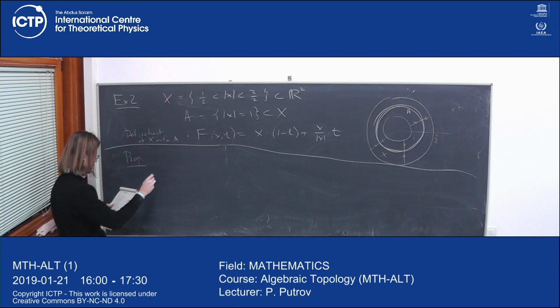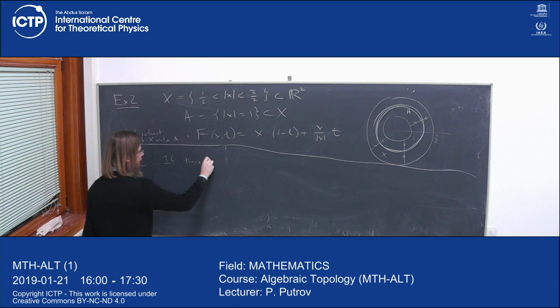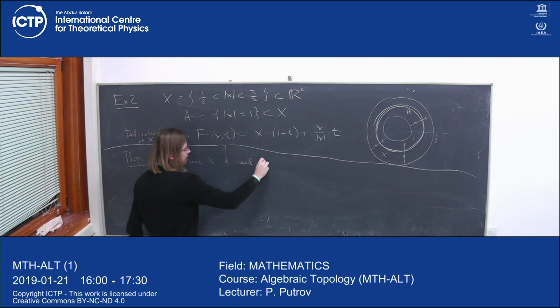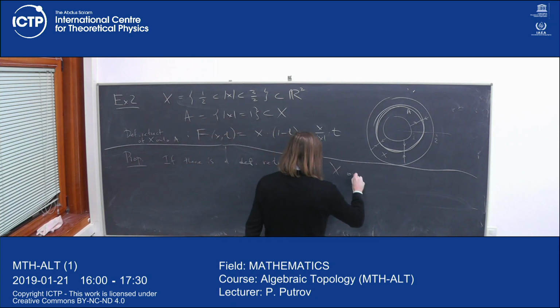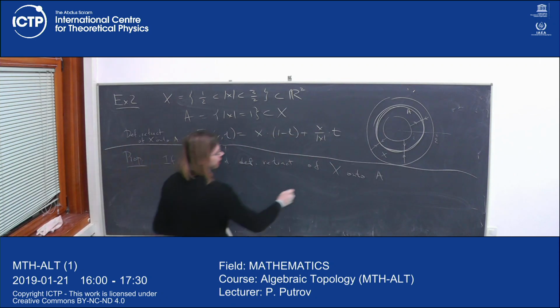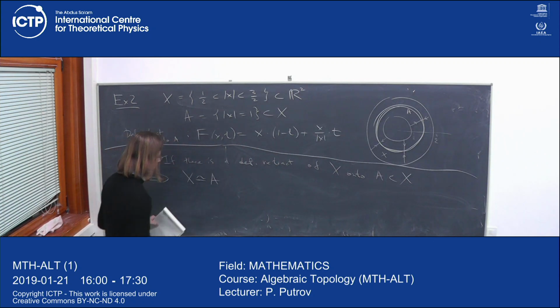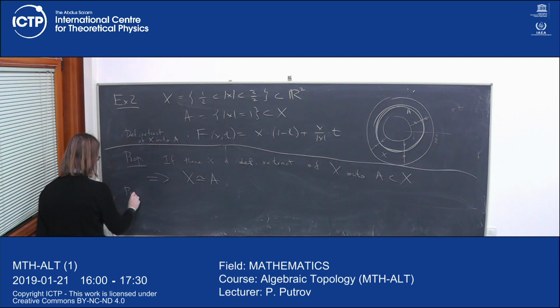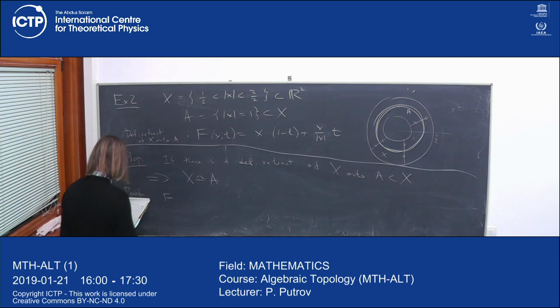The proposition is that if there is a deformation retract of X onto A, then X and A are homotopy equivalent. The proof is the following.